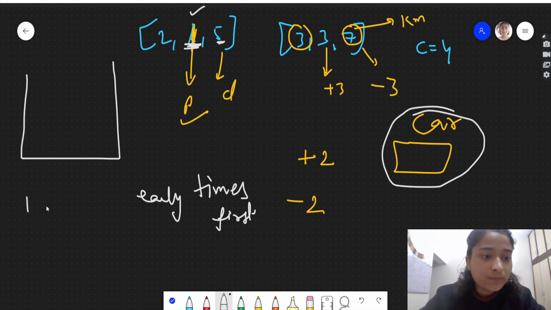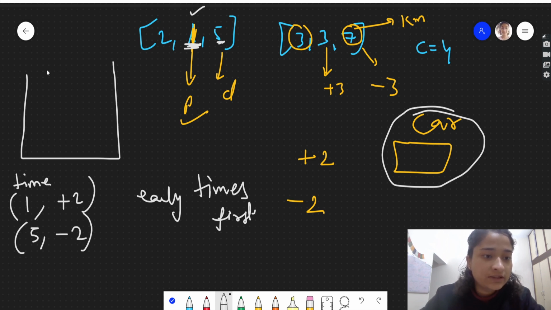At 1 we are picking up, so we add 1, and we are adding 2 passengers in the car. Then when we are dropping, we will be subtracting 2 passengers from the car.